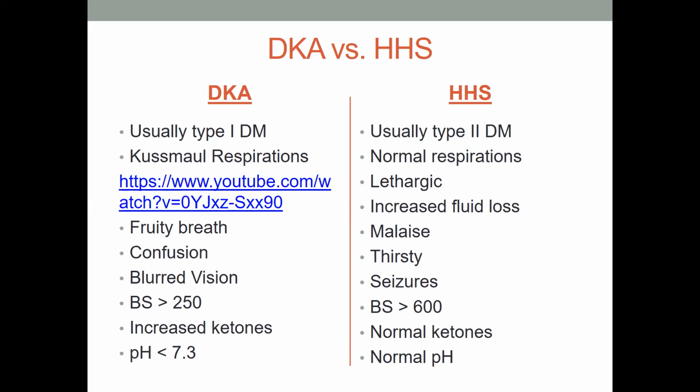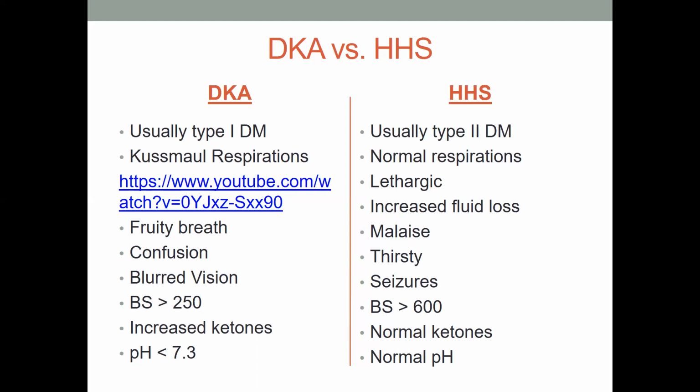They will have urine and serum ketones, hence the ketone part of DKA. BUN and creatinine levels are usually elevated. Their serum osmolality is 300 to 350, and the mortality rate is less with DKA when compared to HHS.